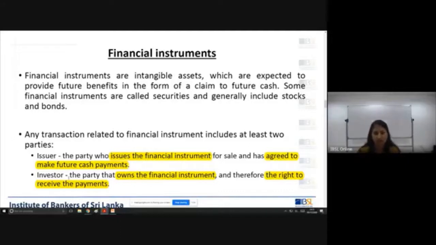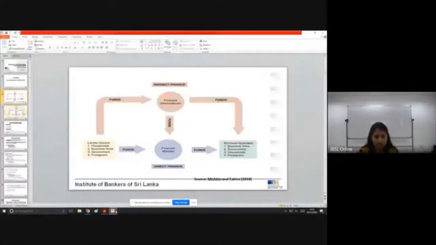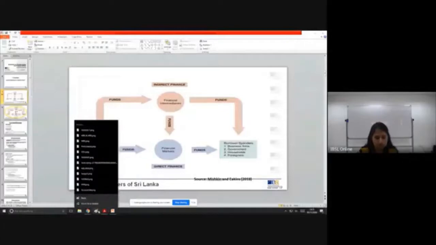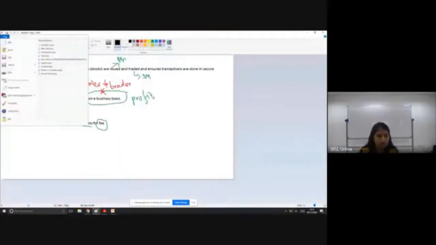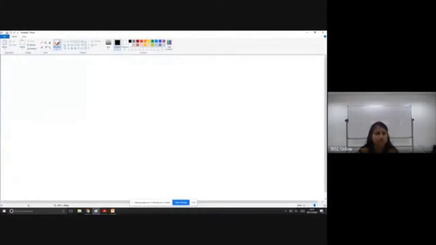Another example I could explain is, again, take the shares. A share is issued by the issuer, a company. Let's draw it up here so it's easier for you.